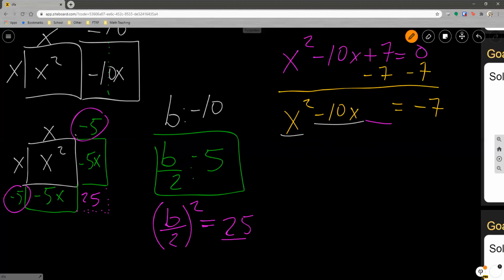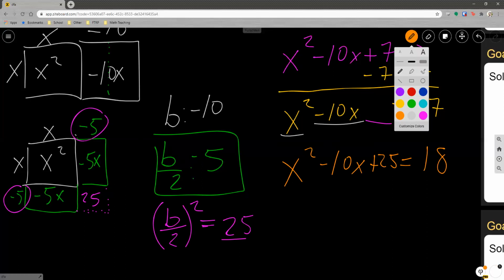So what I get is x squared minus 10x plus 25. I've completed the square on the left. Remember, I added 25 on the left side, so I have to add it to the right side. Negative 7 plus 25 gives me positive 18. Well, now we're getting somewhere. Now we've got a perfect square trinomial, and I already know what it factors down to because I've completed the square here.